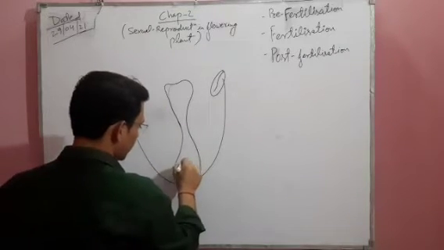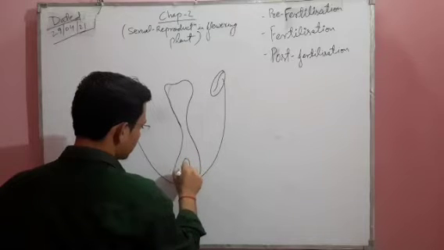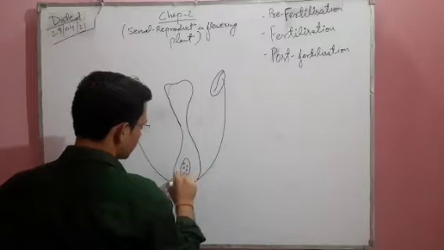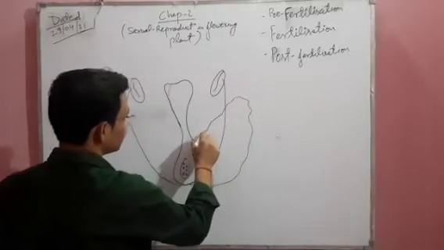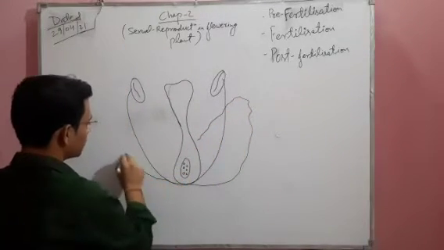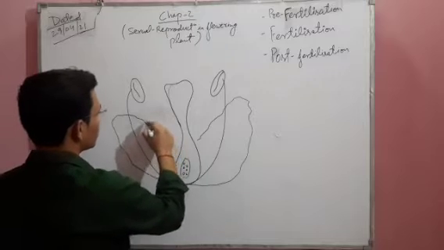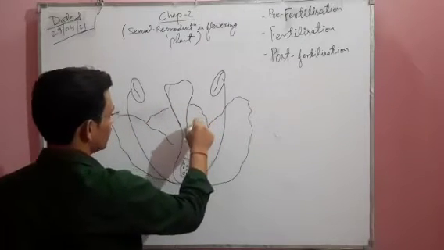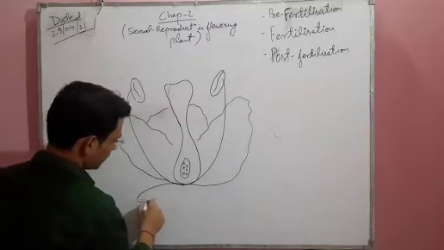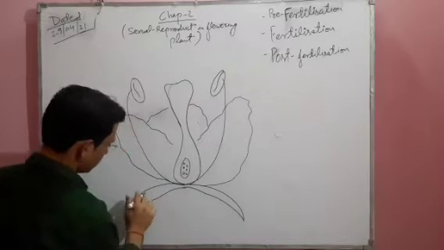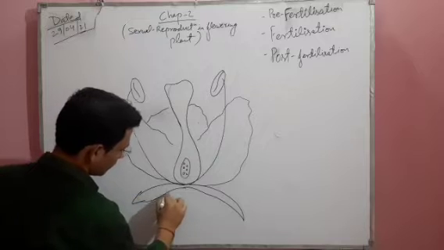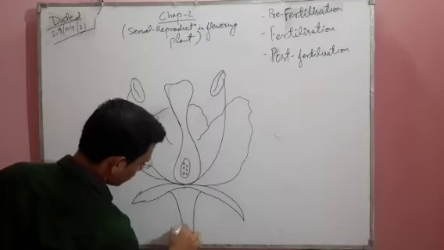Here ovules are present. There are petals, and here sepals. This is called the stalk of the flower.